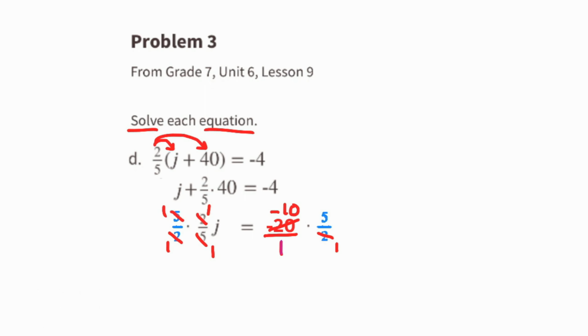But on the right-hand side, we have some math to do. 2 goes into 2 once, and 2 goes into negative 20 negative 10 times. So now we have negative 10 times 5 over 1 times 1. Since negative 10 times 5 is negative 50, and negative 50 over 1 is the same as negative 50, we know that j equals negative 50.